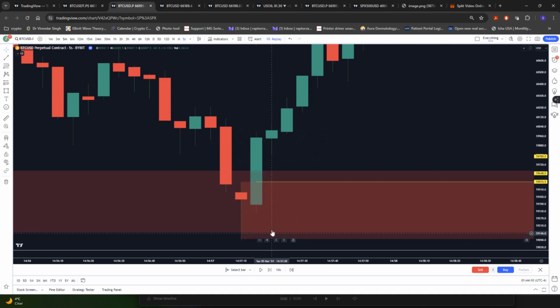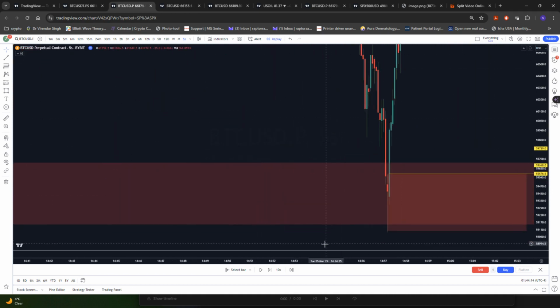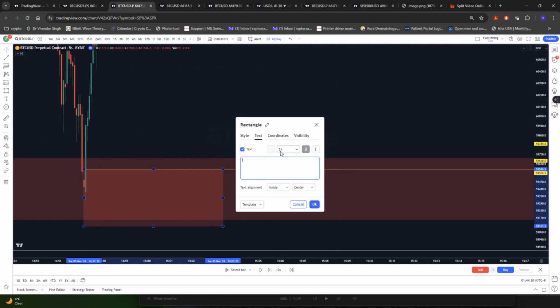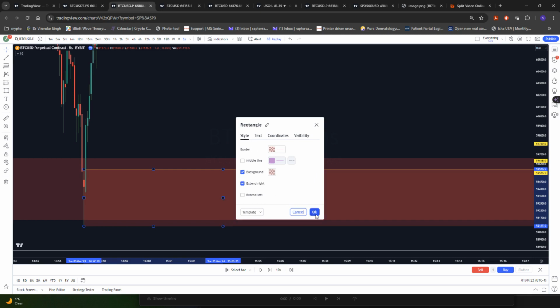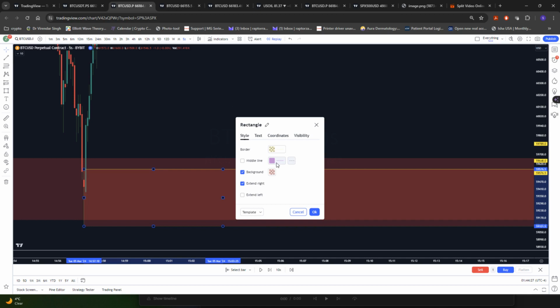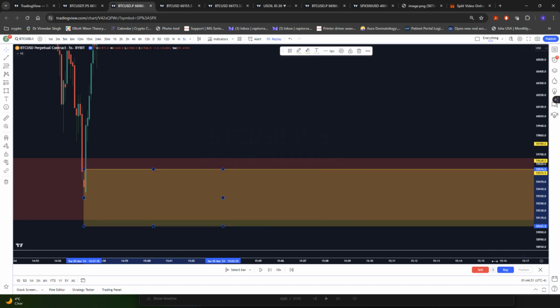You see, this wick actually tapped into this demand. This is a very solid indication that at least a short-term bottom is in, if not the long-term bottom. At least a short-term bottom is in, guys.